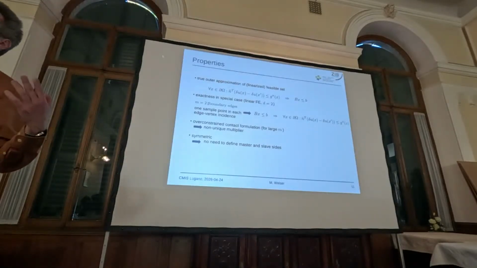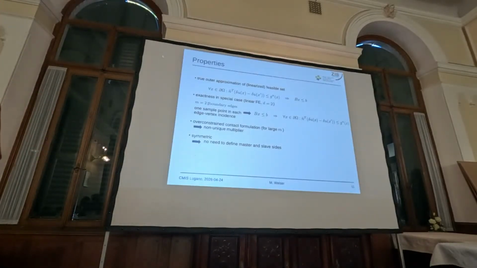Nevertheless, in particular situations, this is well known, we have exactness in 2D and for piecewise linear finite elements, with contact samples on each vertex-edge incidence. Then you can recover with the discretized feasible set the exact one. So this is well known.